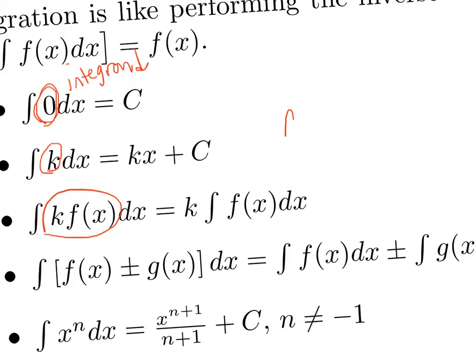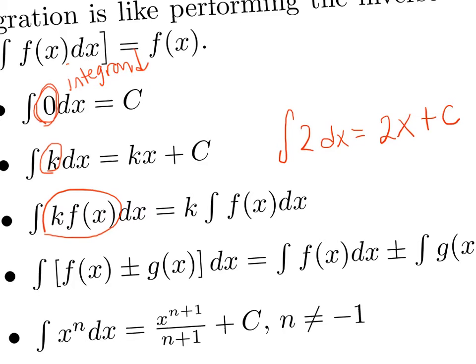So what would this be? 2x plus c. You don't know what c is yet. We'll talk about how to find c in just a minute. For right now, c is always c.